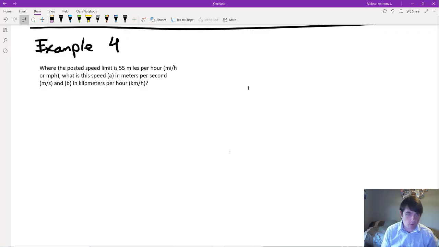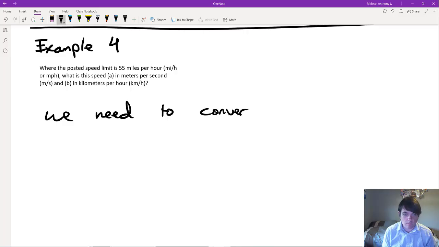So, example 4. Where the posted speed limit is 55 miles per hour, what is the speed in meters per second and in kilometers per hour? Okay. So what we need to do for something like this is we need to convert two units at once.